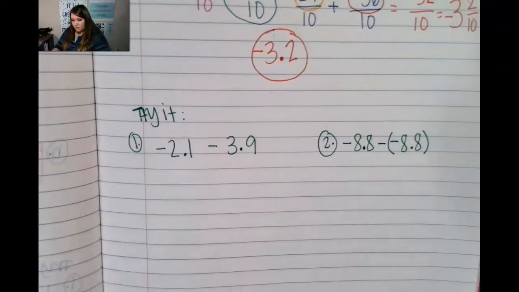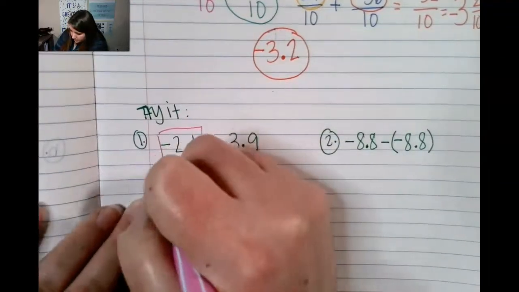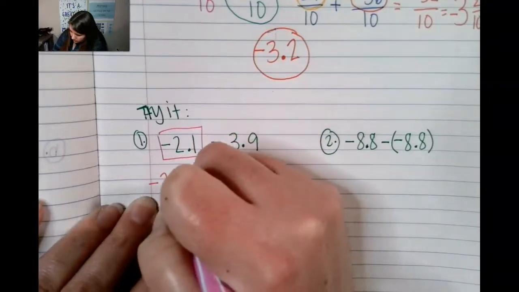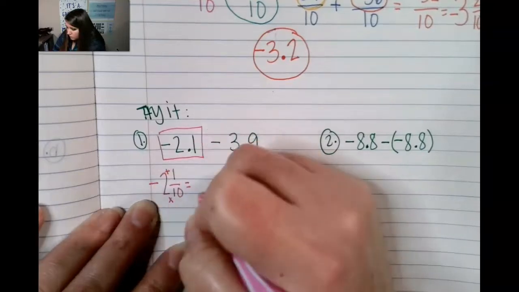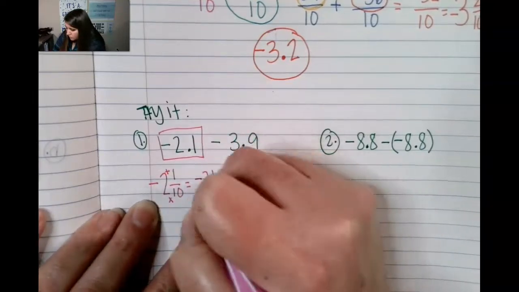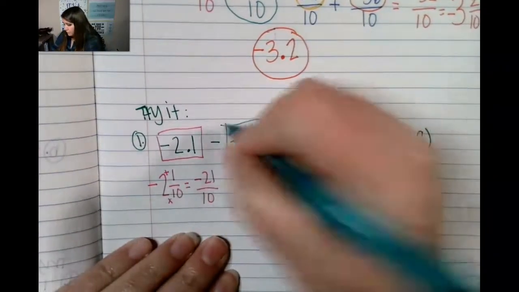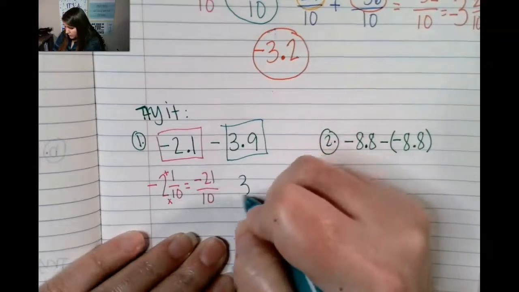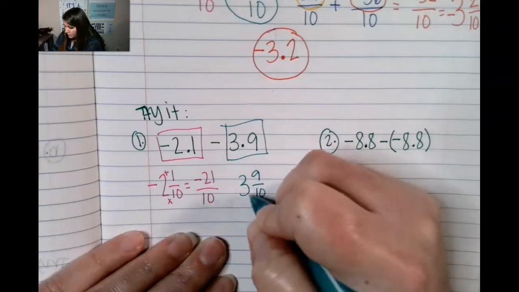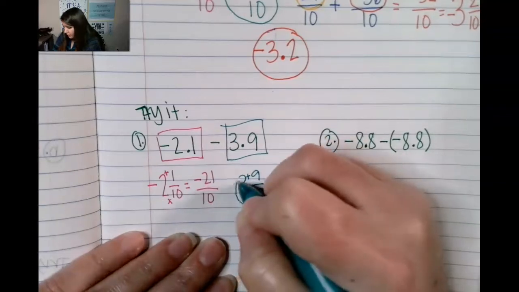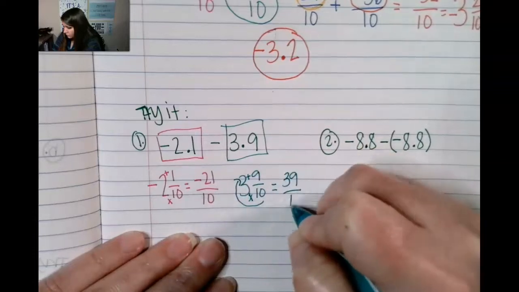So I'm going to make this first one the same thing as saying negative 2 and 1/10. So I'm going to turn this into 20 plus 1 is 21. So negative 21 over 10. This problem right here is 3 and 9/10. Or if I multiply and add around in a circle, I get 39 over 10.